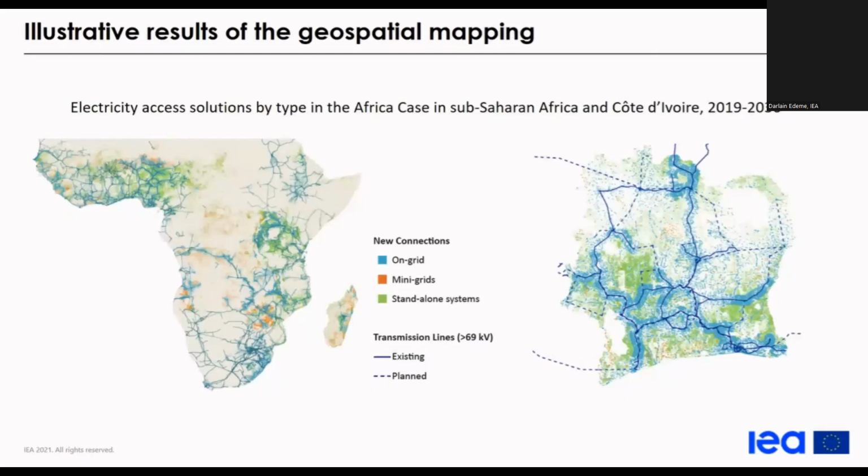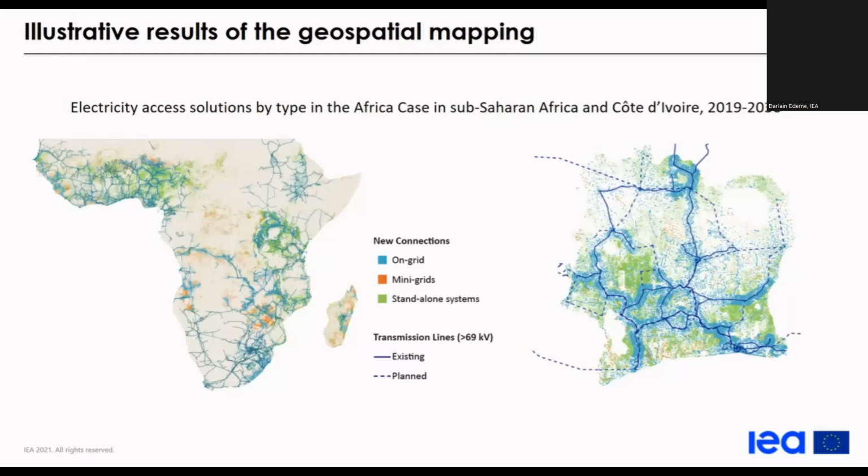And to back this statement, we have conducted geospatial analysis looking at every square kilometer in sub-Saharan Africa, looking at where the population is, where the infrastructure is, where the existing transmission lines are, and depending on the cost of each technology, we have come up with analysis on where it makes most sense and where it's more economical to develop further grid versus where it's more economical to develop mini grids or to distribute solar home systems.